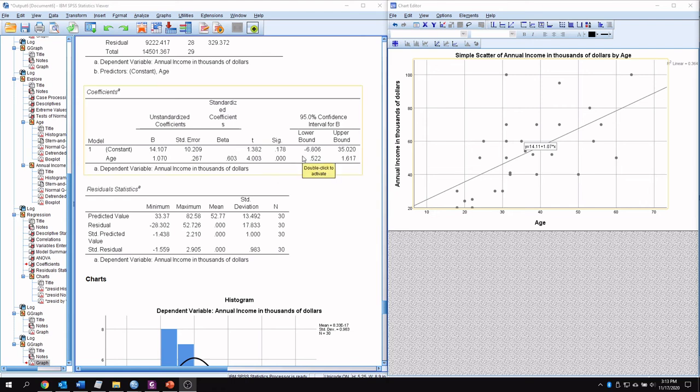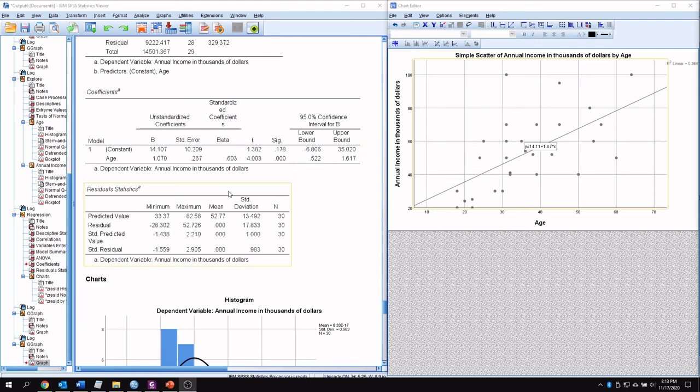Okay, the last thing that we're going to look at here in this video is the coefficients table. And I brought over to the right-hand side of the screen here the scatter plot that we created earlier, plotting age and annual income, and also representing our best fit line here, just so you can see how these numbers correspond.